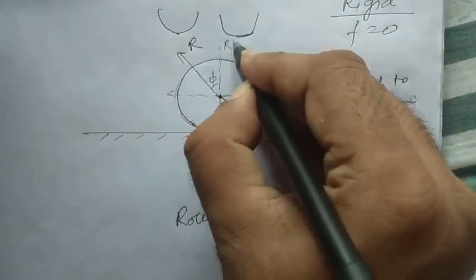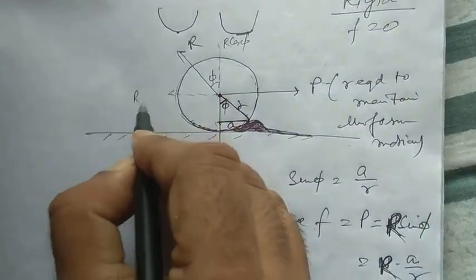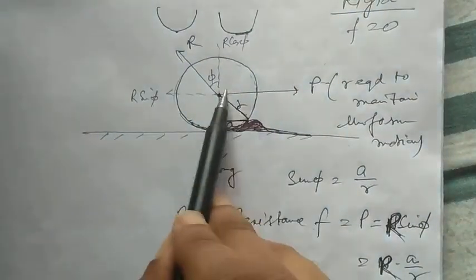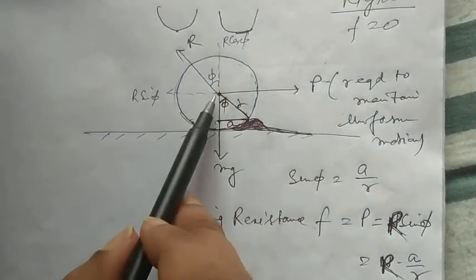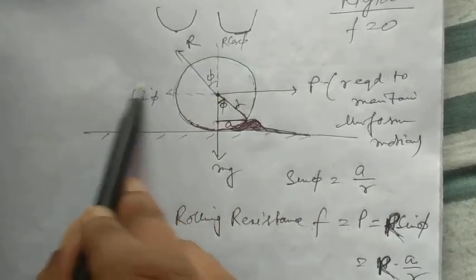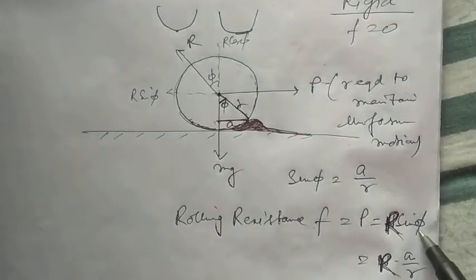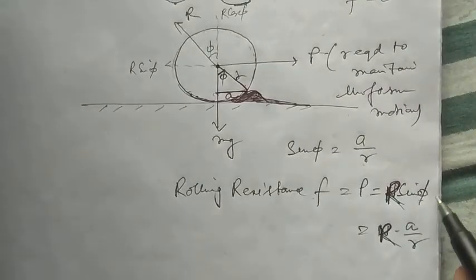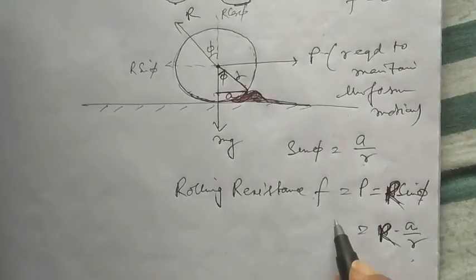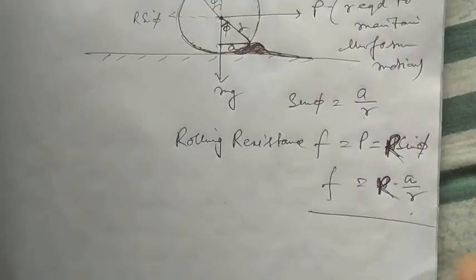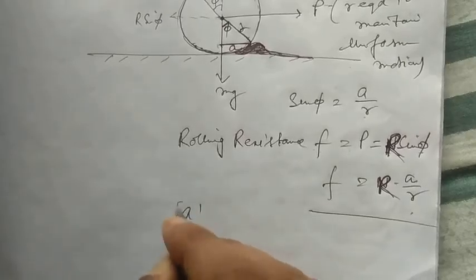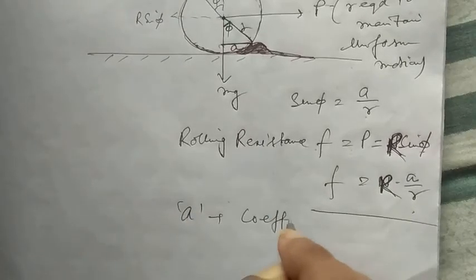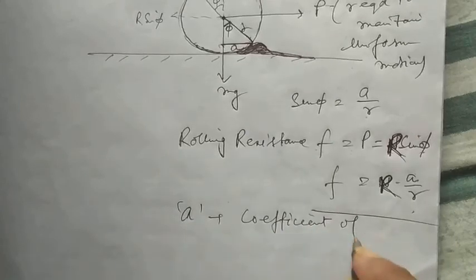So this is R cos phi, and this is R sine phi. So P is acting in the opposite direction to this R sine phi. So P is equal to R sine phi. Now sine phi we have already measured as a by R. So replacing the value, we get the resistance as R into a by R. Now what is this distance a? This is known as the coefficient of rolling friction.